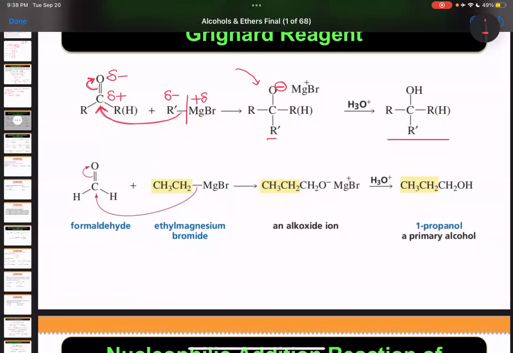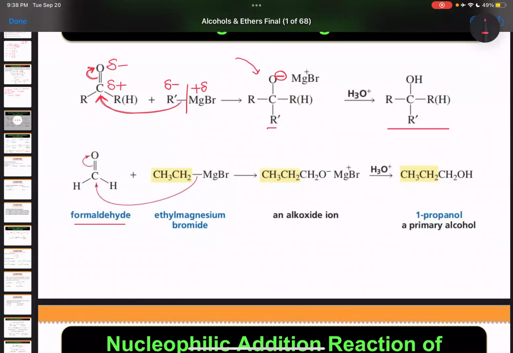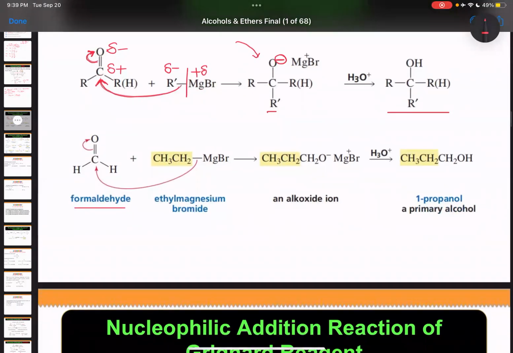With formaldehyde, you will get a primary alcohol. With other aldehydes, you will get a secondary alcohol, and with ketones a tertiary alcohol. For formaldehyde, we are going to get a primary alcohol with one more carbon.